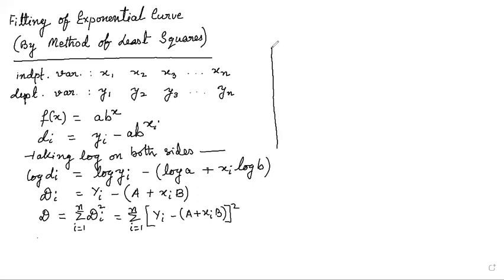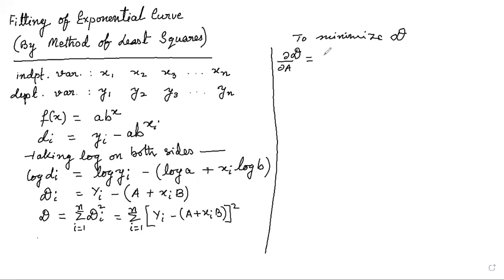So let us move on to this portion of the whiteboard. Now I am going to minimize capital D. So to minimize capital D, since capital A and B are the unknown parts, we need to take the derivatives with respect to A as well as with respect to B. So let us take del A of capital D. What does it give?